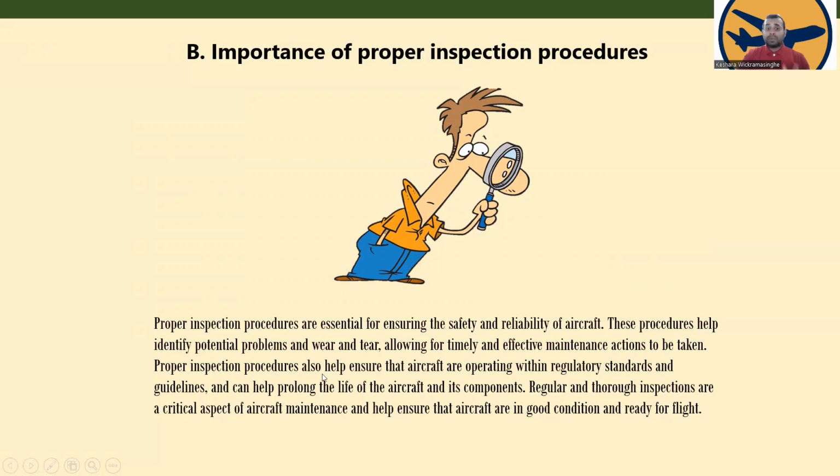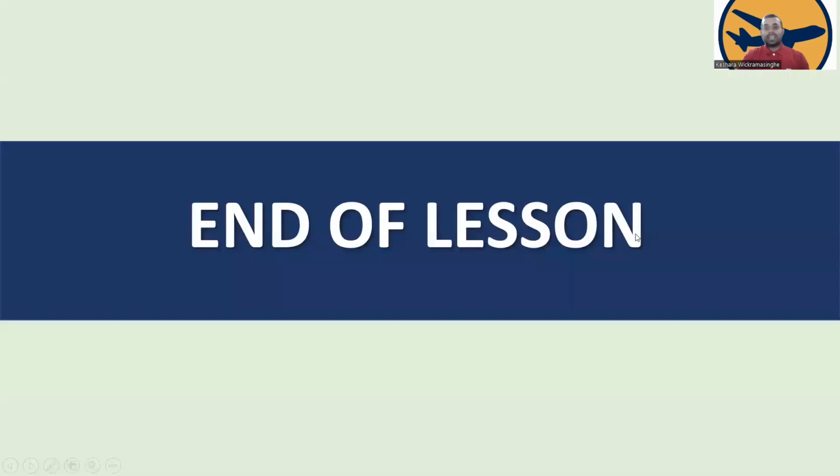Proper inspection procedures also help ensure that aircraft are operating within regulatory standards and guidelines, and can help prolong the life of the aircraft and its components. Regular and thorough inspections are critical aspects of aircraft maintenance and help ensure that aircraft are in good condition and ready for flight. All right.